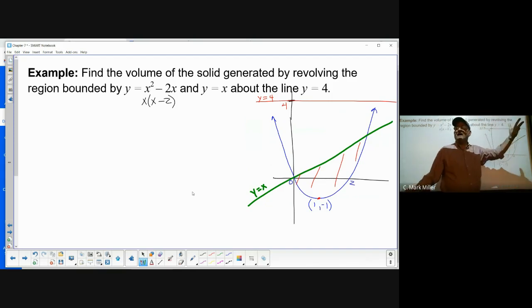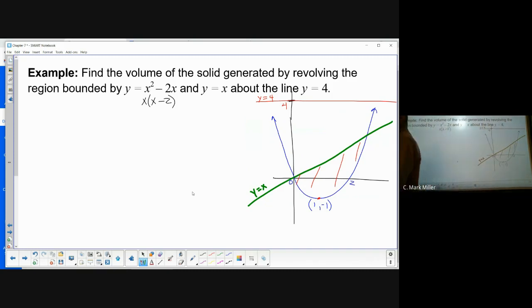Another revolved solid, except it's not around an axis. How do we adjust for it not being around an axis? Well, a couple of different ways. One thing we could do is move this whole thing down.